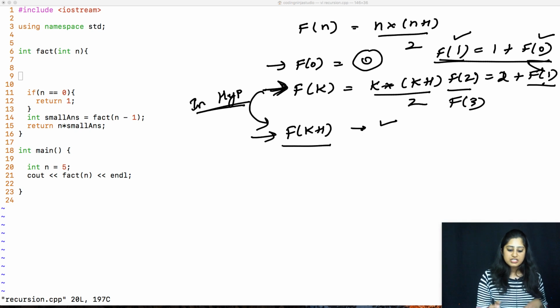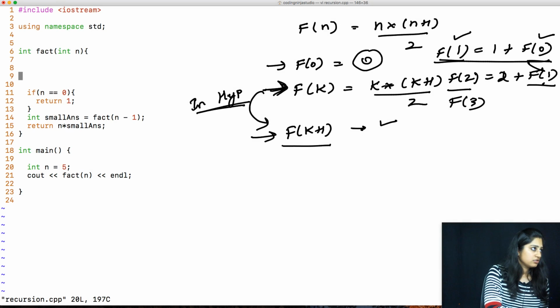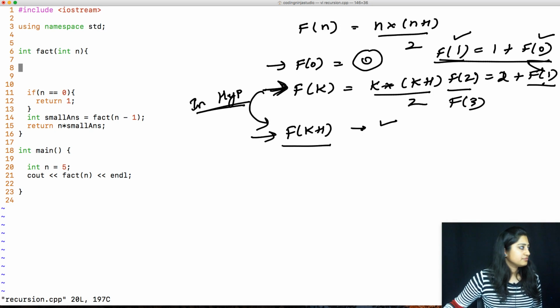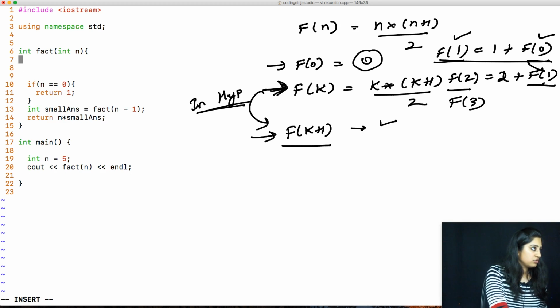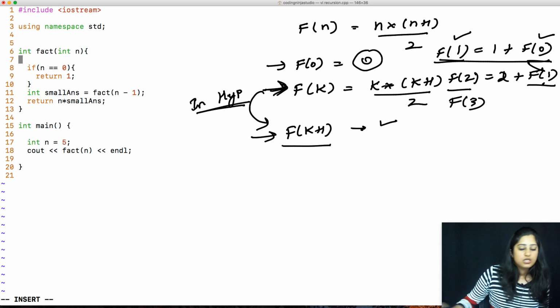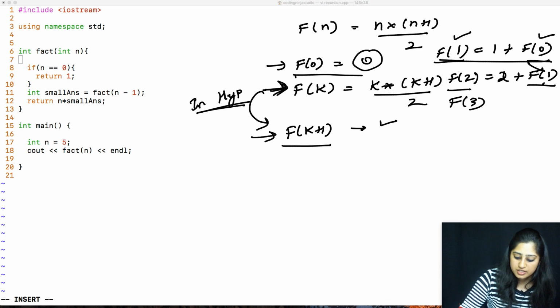Similarly, if we look at our recursive code from the perspective of PMI, I am sure you will be able to relate it. We had a basic step about which we were sure.